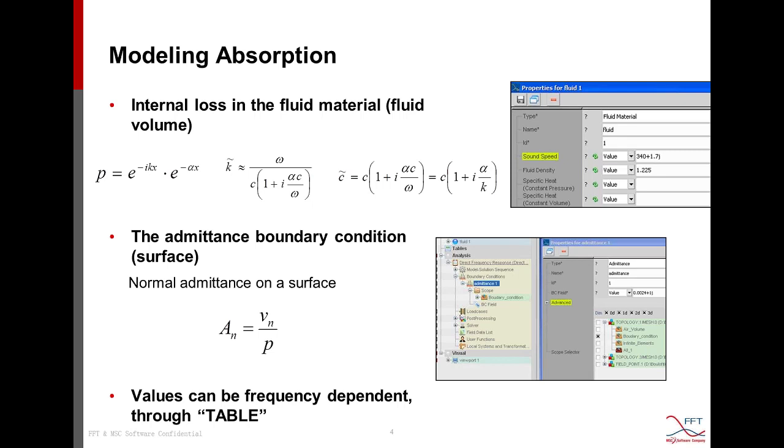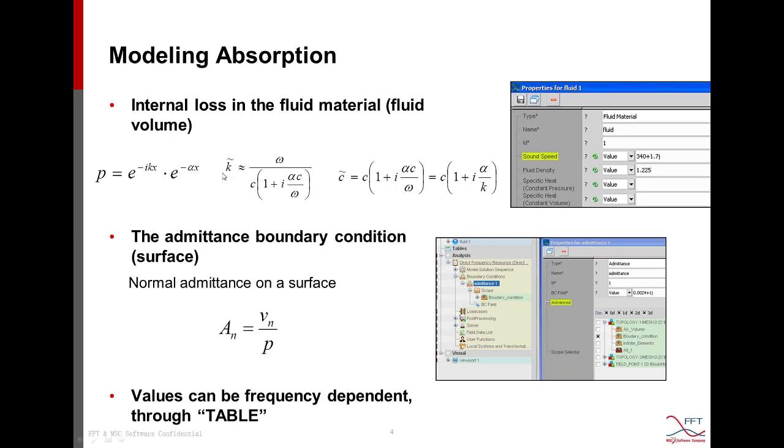As we can see here in the property window of the fluid material, we have this speed of sound, and we have its real part and imaginary part. This imaginary part will represent an equivalent acoustic damping by, for example, the trim component in the car cabin. Now, in terms of mathematical equations, we can represent the acoustic propagation, this is pressure, by a real part and an imaginary part.